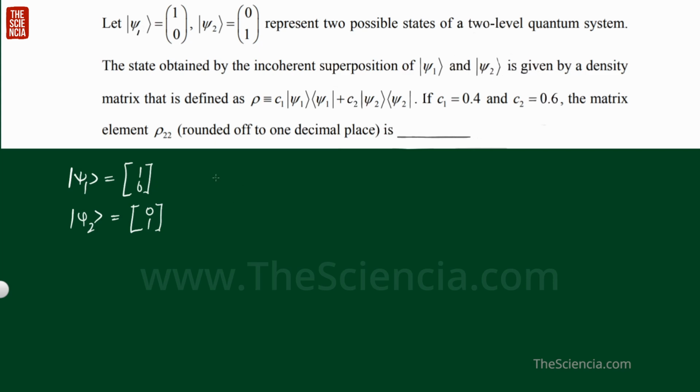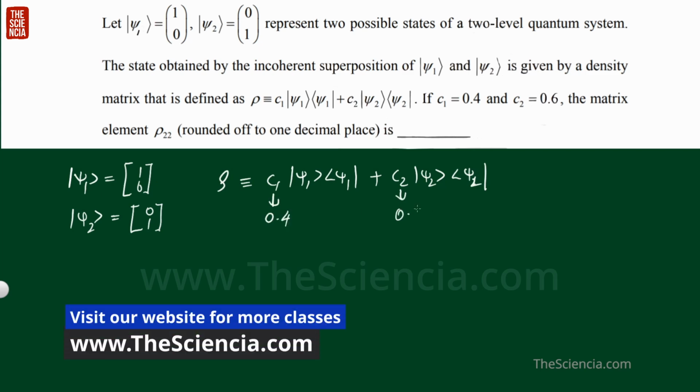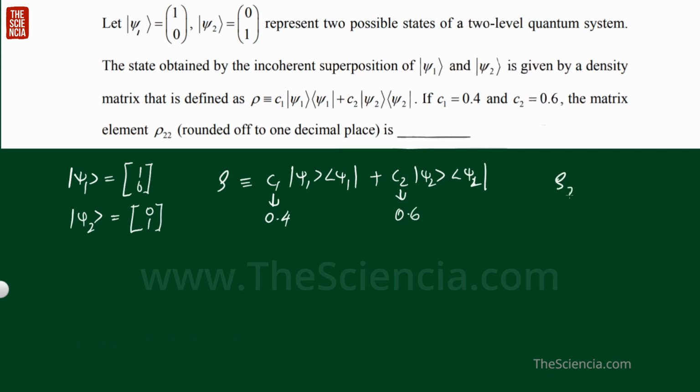And here a density matrix is defined, that is rho is equal to C1 ket psi 1 bra psi 1 plus C2 ket psi 2 bra psi 2. Here they specified the C1 value is 0.4 and the C2 value is 0.6. And the question is to find out rho 2 2, that is the matrix element rho 2 2.